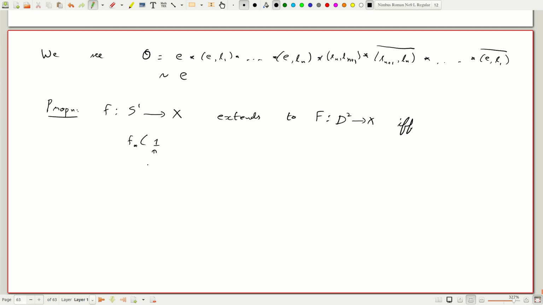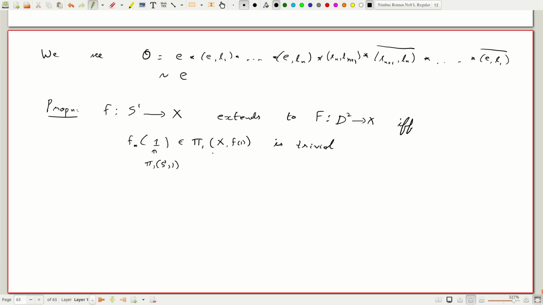Might as well be formal. This is 1 in pi 1 of S1. So f star of 1 belongs to pi 1 of the image, and the image here is going to be X, but with base point f of 1. So the base point doesn't matter, it is trivial. Okay. So if and only if the boundary is homotopic, you can think of it fixing endpoints or even freely homotopic, that is not fixing endpoints.